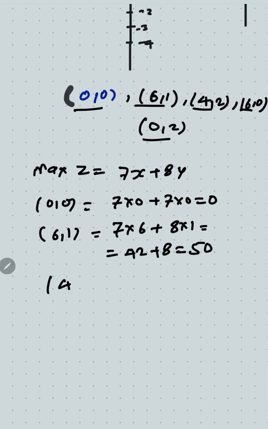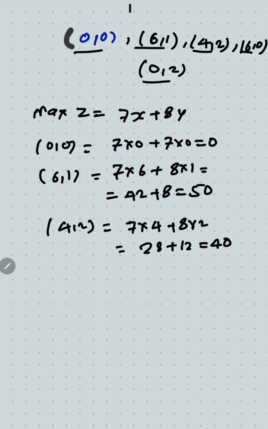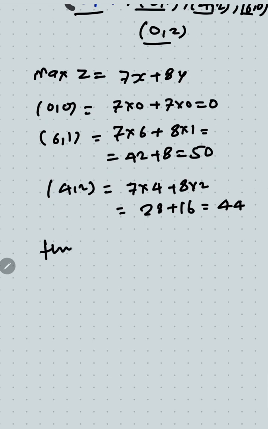In the same way, we put the values of 4 2, it means 7 into 4 plus 8 into 2, 28 plus 16 will be 44. Then 6 0 is equal to 7 into 6 plus 8 into 0, that will be 42.